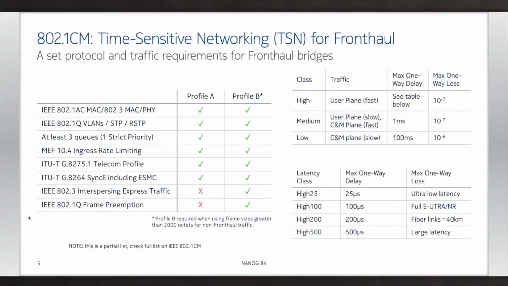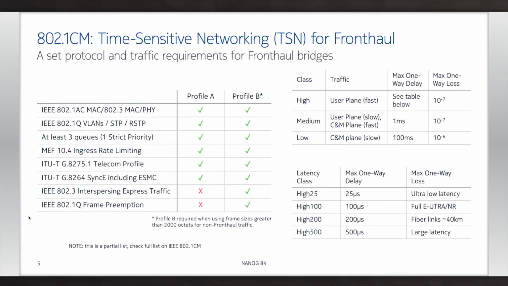So essentially, we're talking about just 802.1Q bridges with VLAN, spanning tree if you want. I don't think anybody is deploying layer 2 broadcast domains anymore, but you could potentially use that if you need it. At least 3 priority queues, with 1 being strict priority. Strict priority is mandatory because all of the CPRI frames need to be on a strict priority queue.